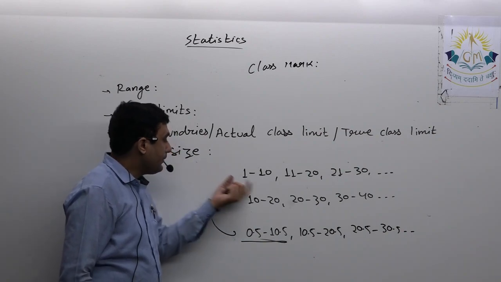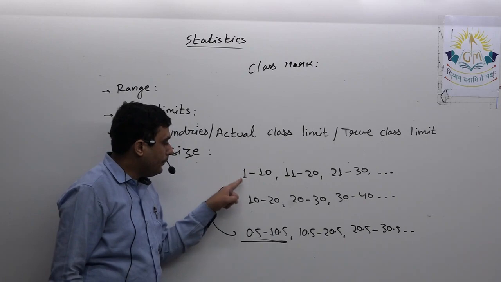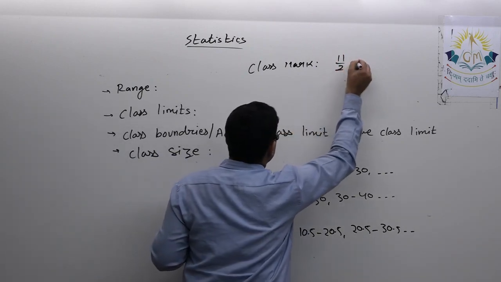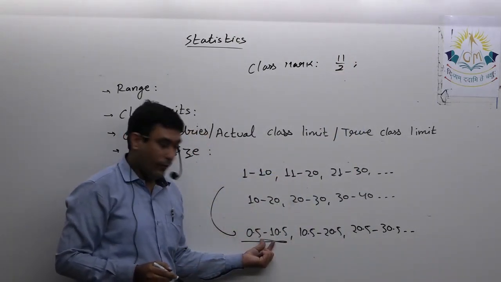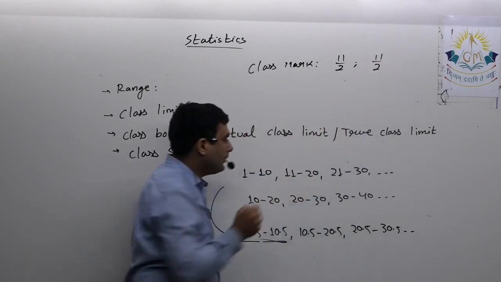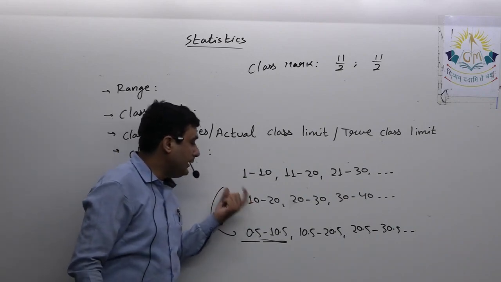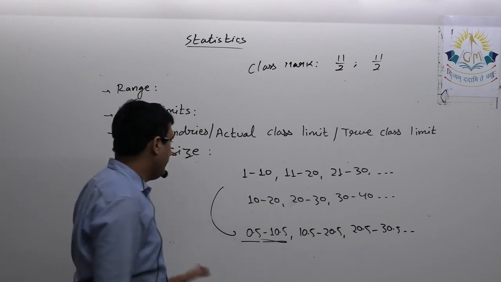Suppose here if I find the class mark, it is upper limit plus lower limit divided by 2. So 10 plus 1, 11 by 2, isn't it? Even if I find the class mark with this form, again I will get 11 by 2. That means class mark doesn't depend on whether the class intervals are inclusive or exclusive.